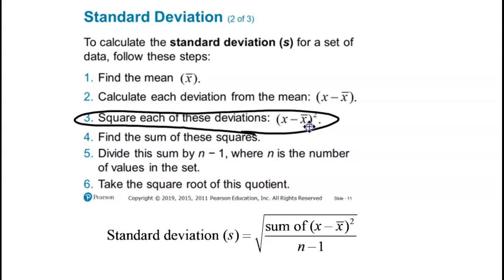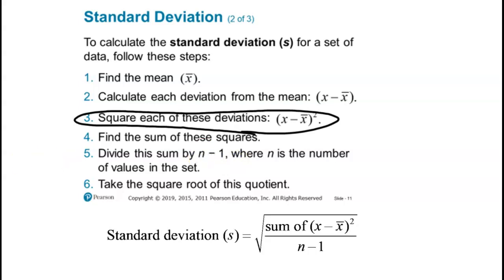Squaring these numbers is going to make them all positive, right? So a -4 times a -4 is 16. Once you get the sum of these squares, you're going to divide that number by n, which is the number of numbers that you had.